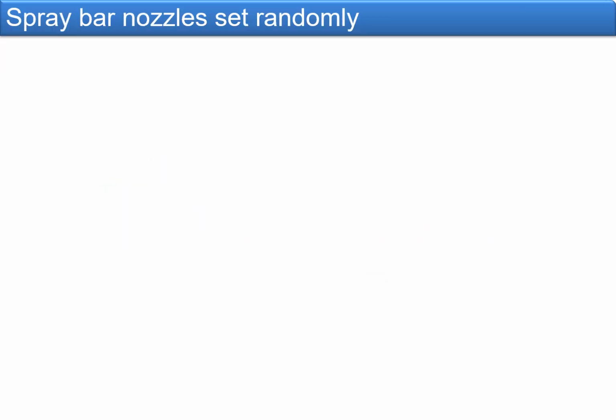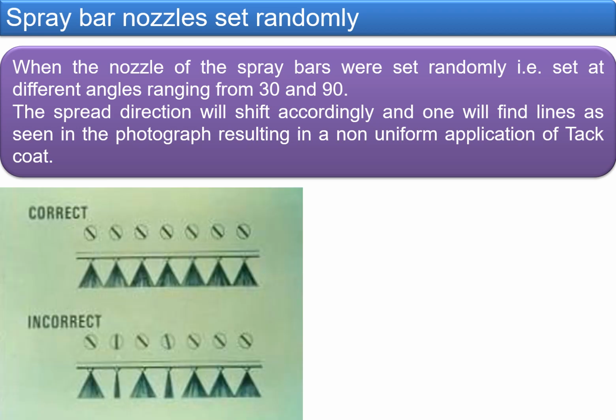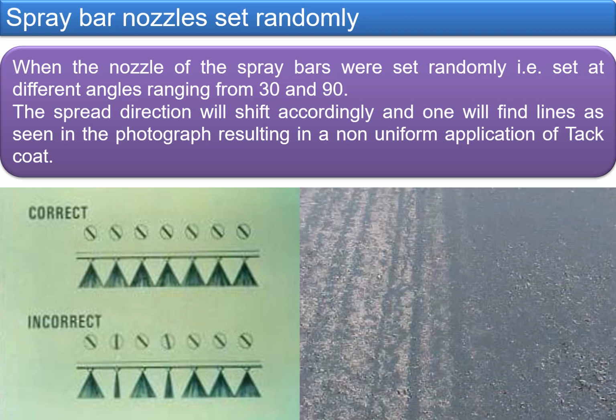Why? Because if the nozzles of the spray bar are set randomly, at different angles ranging from 30, 60 and 90, the spray directions will shift accordingly, and one will find lines as seen in the photograph, resulting in a non-uniform application of tack coat. You see the photographs, the correct specification is that each nozzle should be opened at a fixed angle matching the other nozzles.